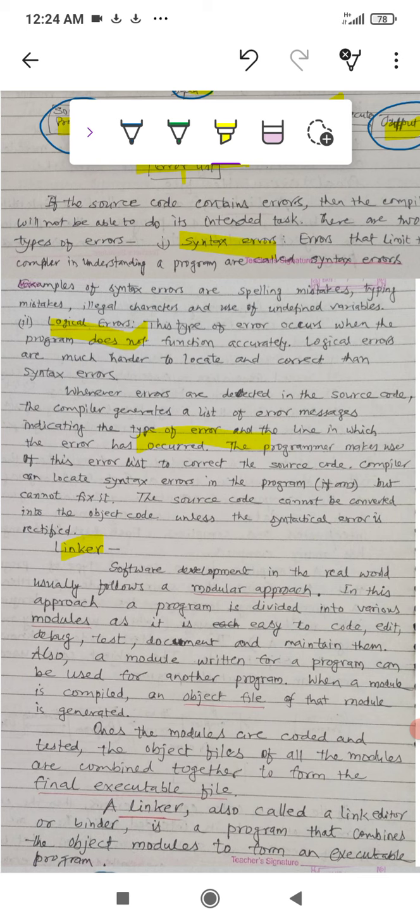In this approach, a program is divided into various modules as it is easy to code, edit, debug, test, document, and also to maintain them.